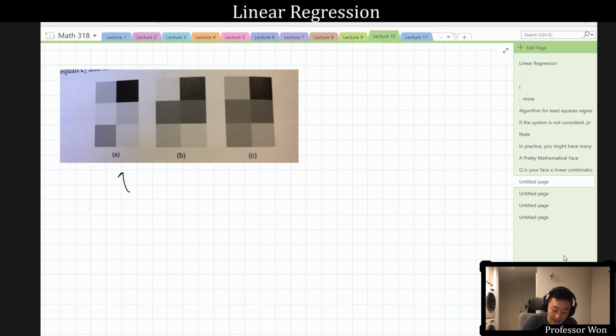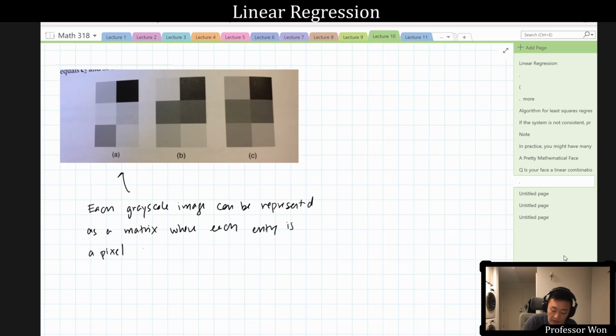So each grayscale image we can represent as a matrix of values, as a matrix where each entry is a pixel, with value between, say, 0 and 255, where 0 is black and 255 is white.